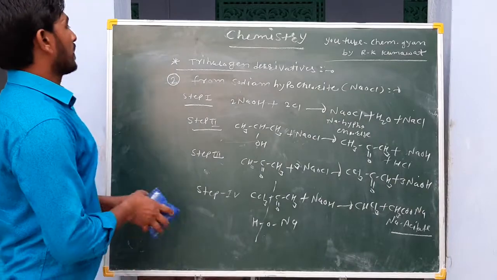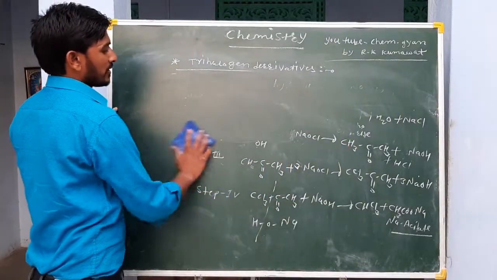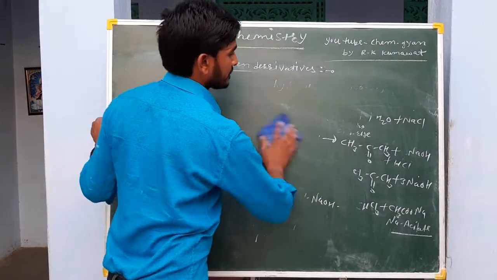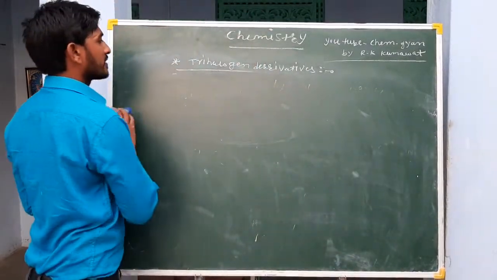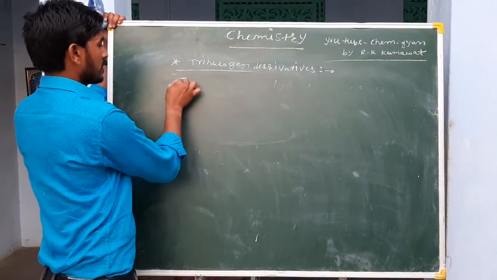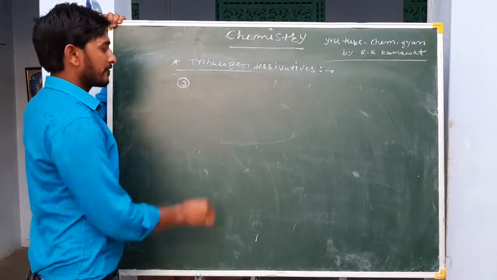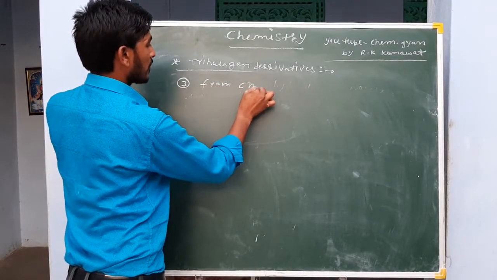Okay, after this dear students, we talk about the total third reaction. Reaction number third to preparation of trihalogen derivatives is from chloral hydrate.